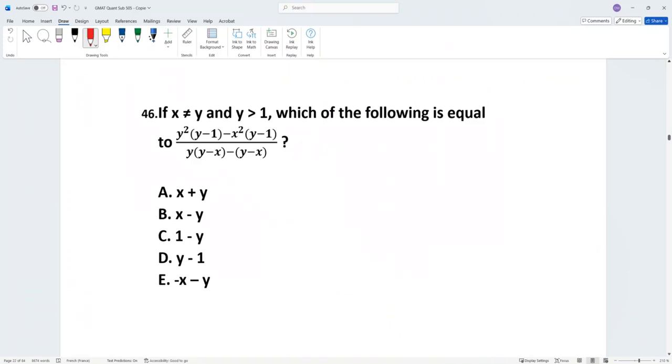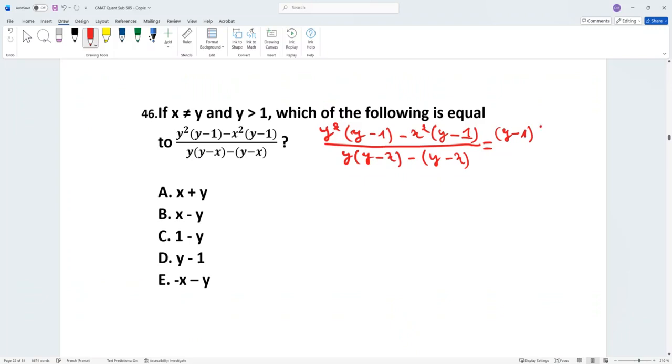Okay, so we have y squared times (y minus 1) minus x squared times (y minus 1), over (y minus x) times (y minus 1). So we are going to factor y minus 1, then y squared minus x squared, over y minus x times y minus 1.